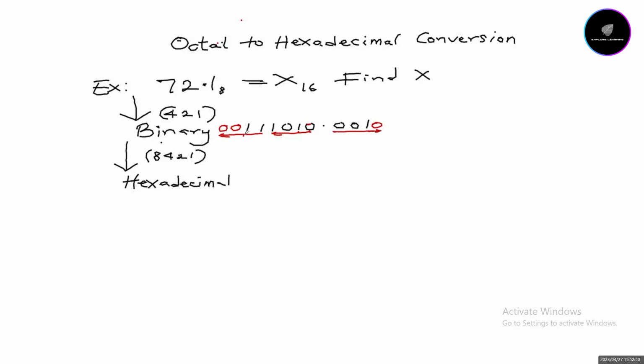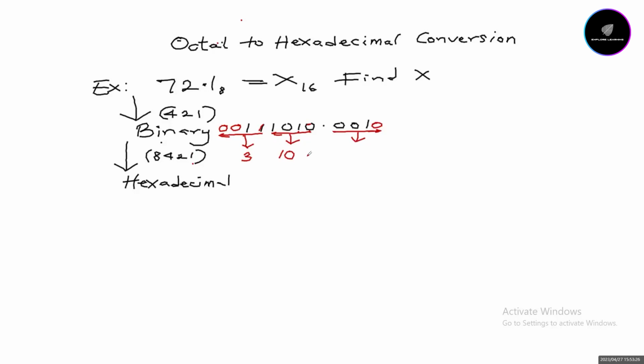Now we need to get the equivalent of these binaries in hexadecimal. Since we know that the code is 8421, for this first group, 8421 is going to give us 3. Now if we check the code for 1010, that is going to give us 10, which is 8 and 2.